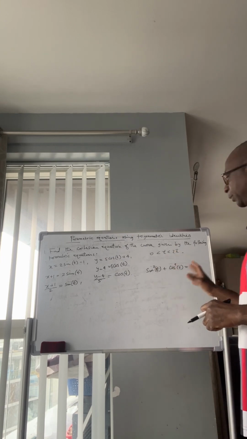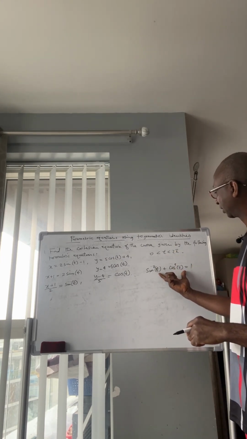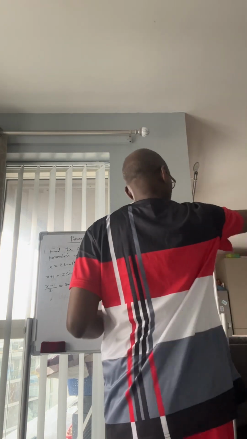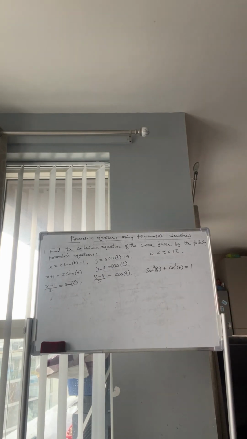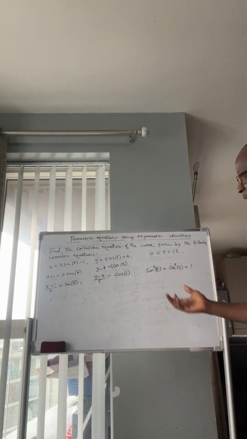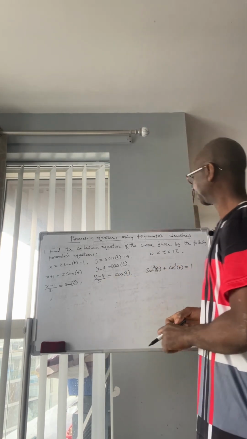Sine square k plus cos square k equals 1. We know this already when we are doing trigonometric identities. This formula is very important. You should know it because you use it in most problems. And wherever you see any opportunity to use it, use it, because it always simplifies the problem.